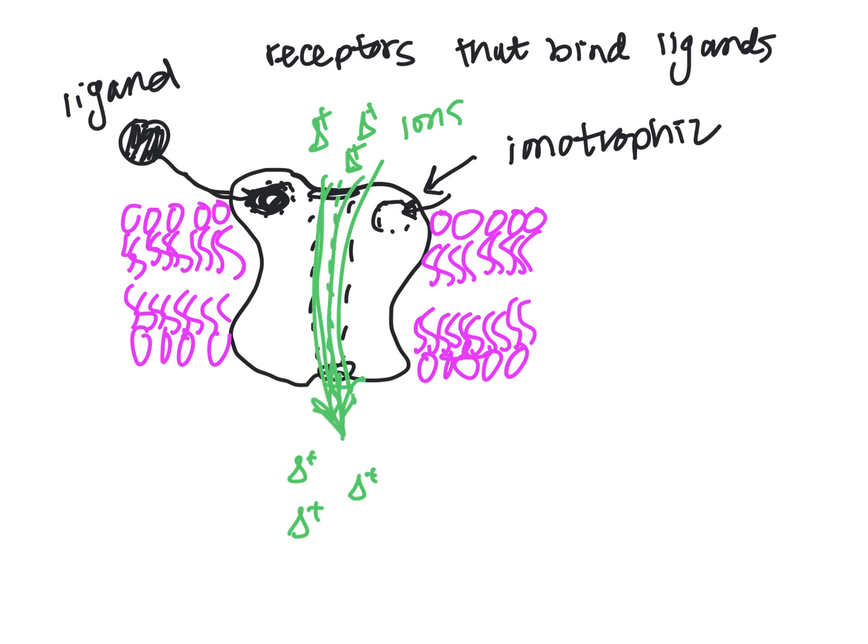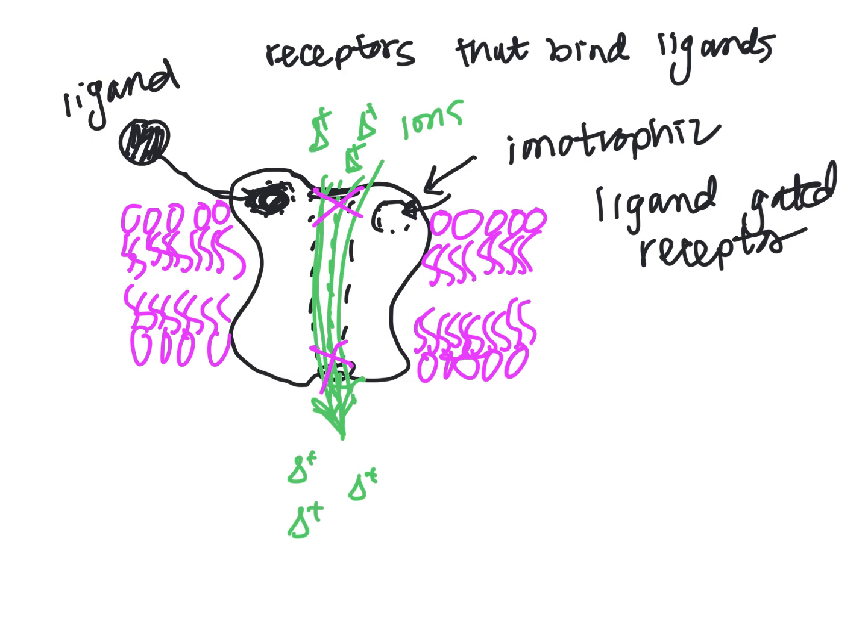It could also cause a shape change to block the movement of the ions through the channel. And because there's a movement of ions that is regulated by a ligand, these ionotropics are also called ligand-gated receptors, because essentially the ligand is what's opening the gate or closing the gate to allow the flow of ions in or to stop the flow of ions in.